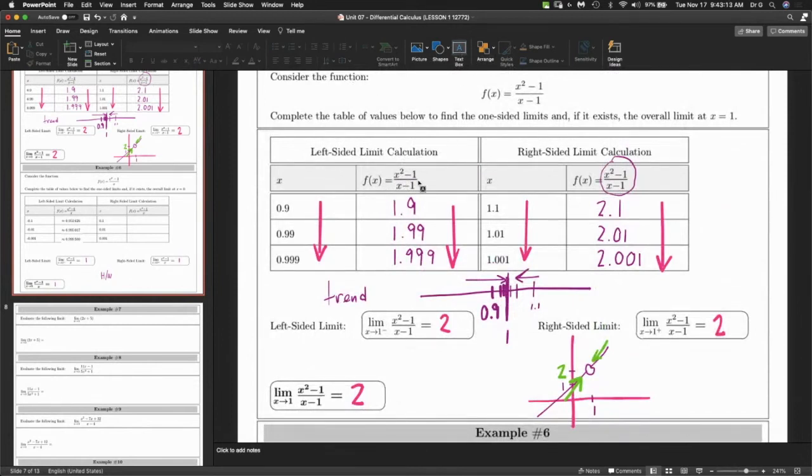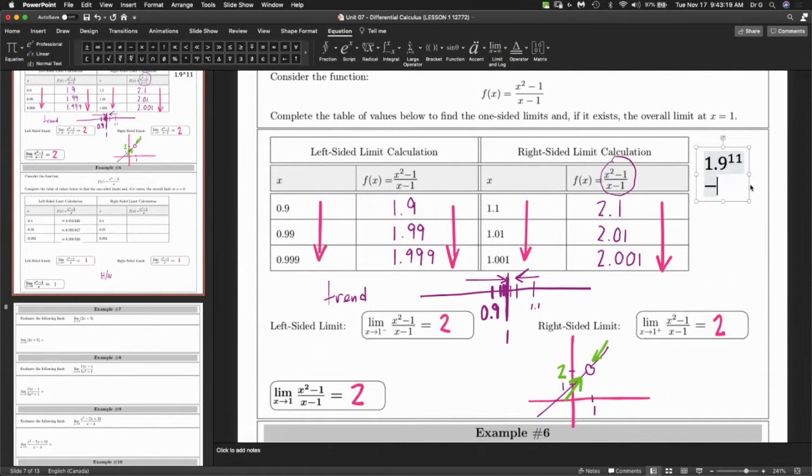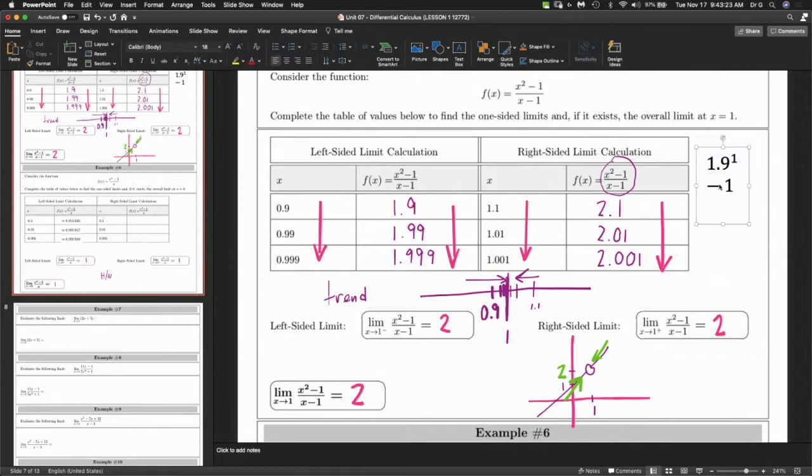I don't understand, man. Like, take this first one here. 1.9 squared minus 1. And then type in 1.9 minus 1. And then divide the two.